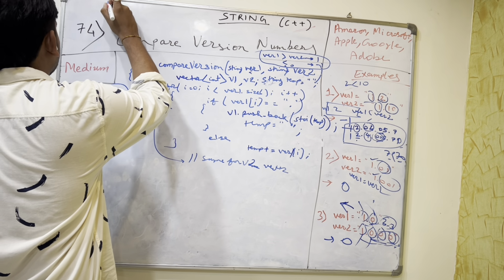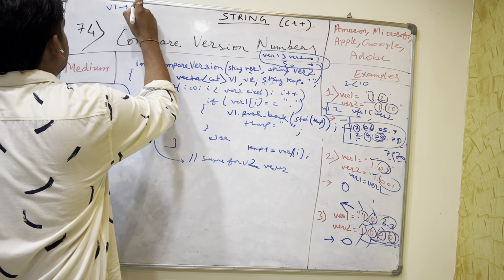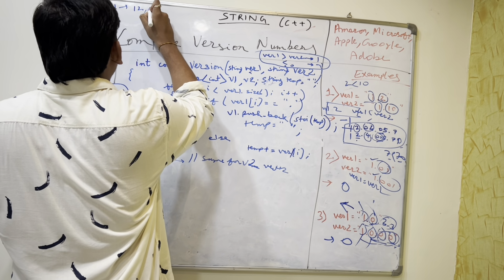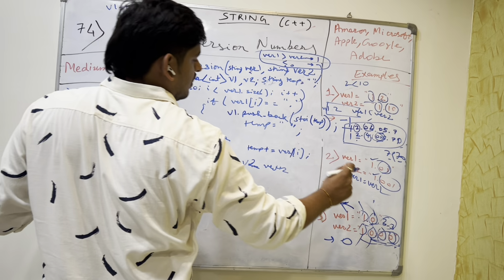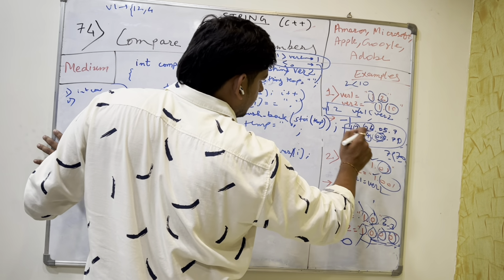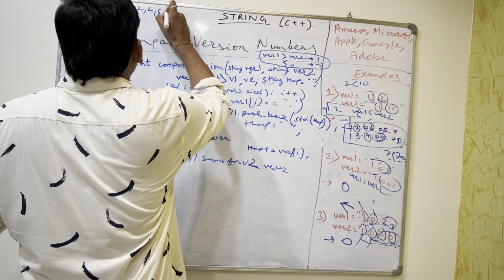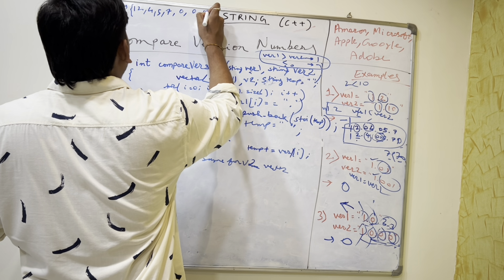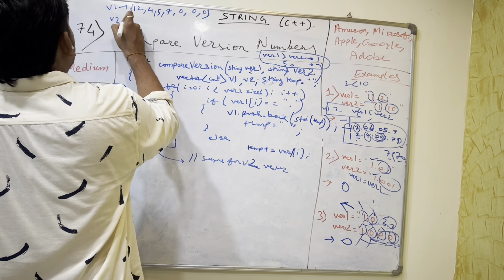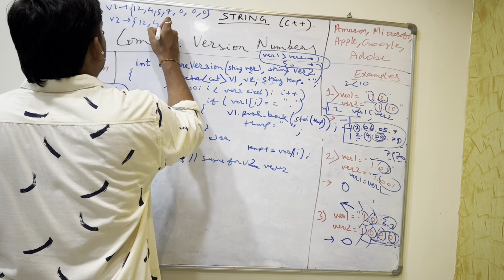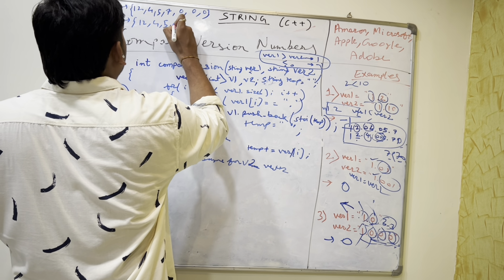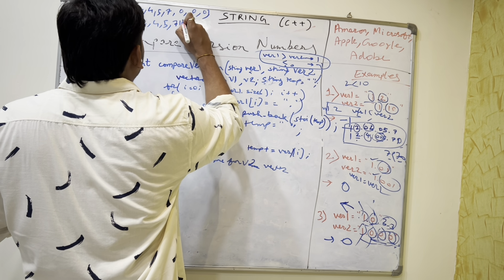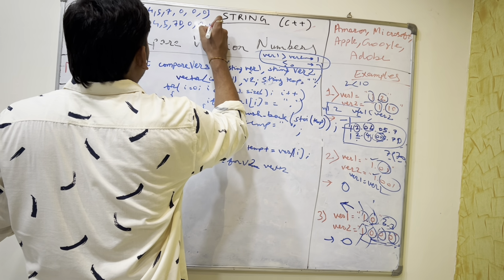What I am saying is, if v1 is these numbers, we took this example, right? 12, 4, 5, 7, say after that there are multiple zeros, and v2 is say 12, 4, 5, 71, or 70, 0, 0, 0.